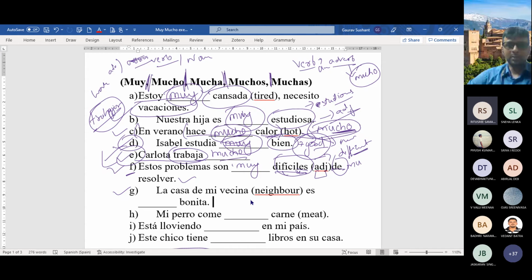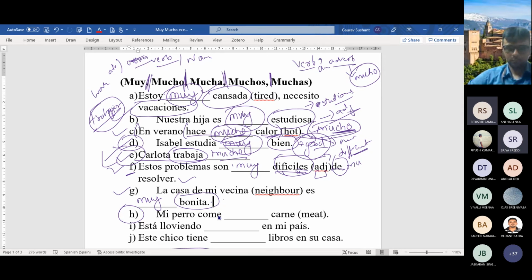Number G, la casa de mi vecina es. Again, an adjective is coming. Bonita is beautiful. So I will simply use muy bonita, an adjective which is not countable. Number H, mi perro come. Priya Reddy, can you try this one? Yes, sir.